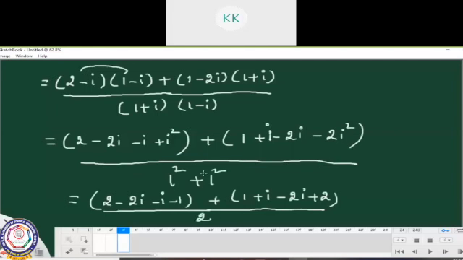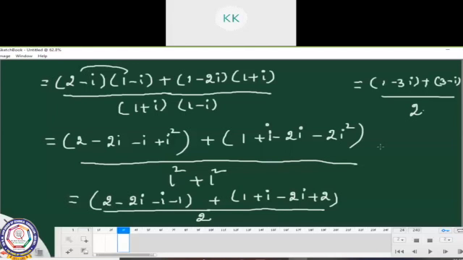What is the answer here? It gives 2 minus 1, 1 minus 3i, plus 3 minus i, the whole divided by 2.